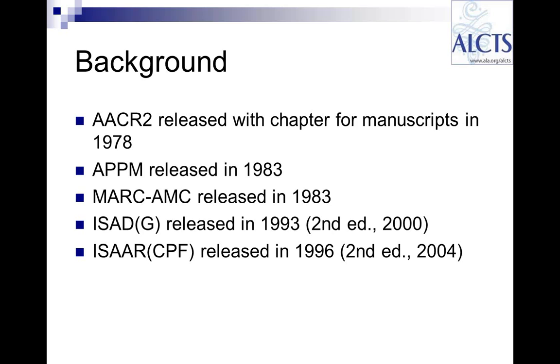It wasn't until 1993, however, that a model for archival description based on archival principles was released. This was the General International Standard Archival Description, or ISAD-G, which covered descriptions of archival materials, and its companion standard, the International Standard Archival Authority Record for Corporate Bodies, Persons, and Families, which was released in 1996.